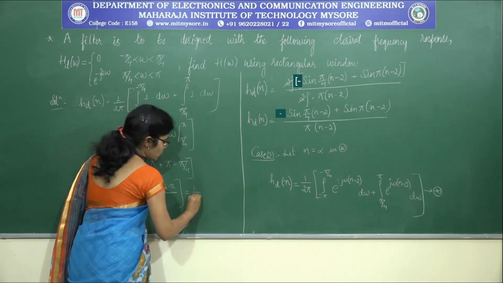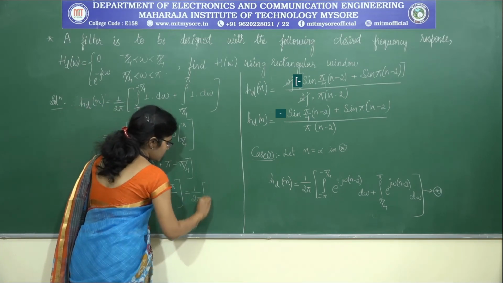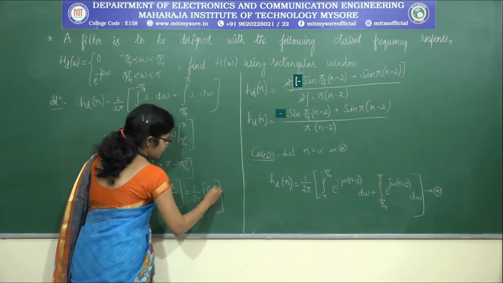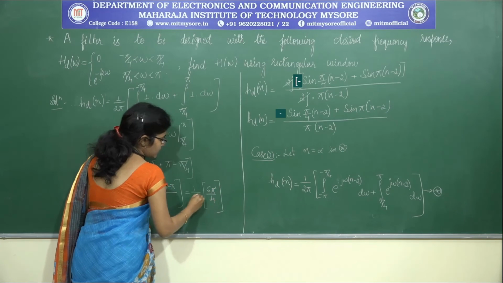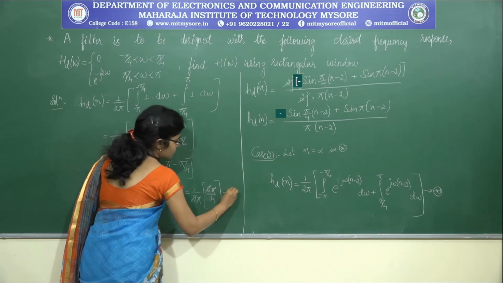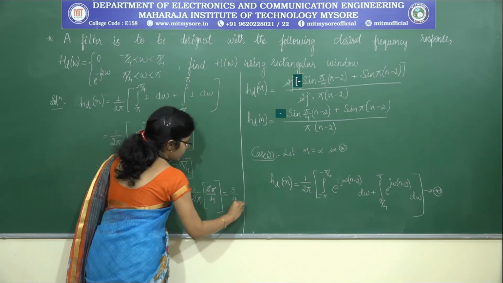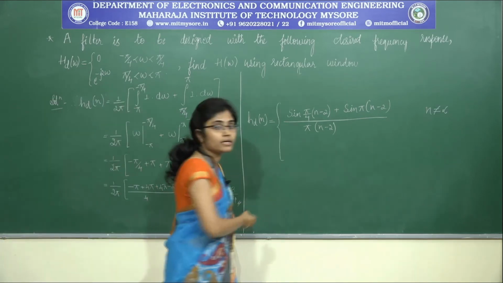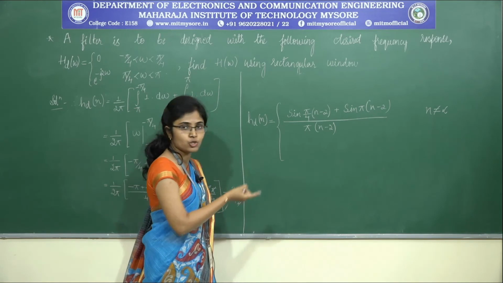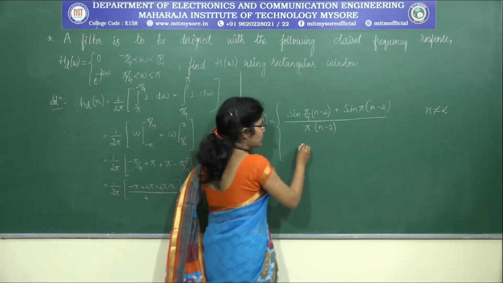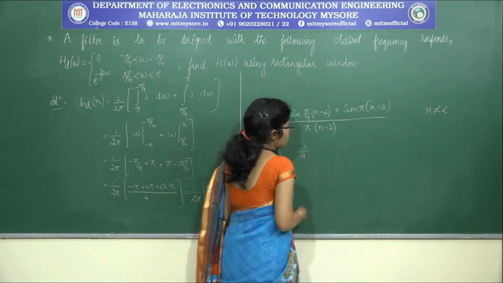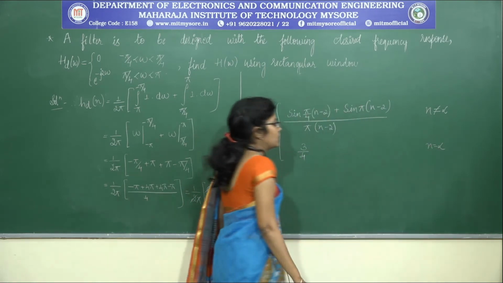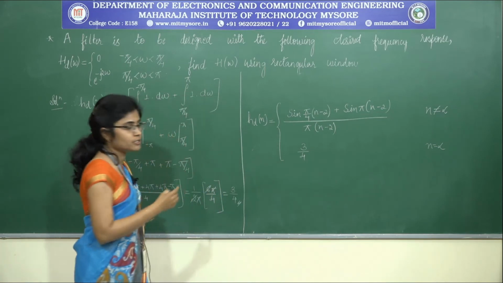Therefore, this is equal to 1 by 2 pi into 6 pi by 4, where we can cancel pi with pi, 2 with 6. Therefore, the left out term is 3 by 4. Okay. So, now if I summarize, this is the expression for hd of n when n is not equal to alpha. When it is equal to alpha, the value of hd of n is 3 by 4. Okay. So, this is the first part.